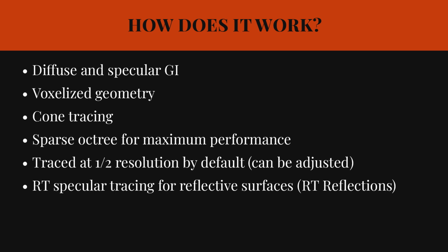But for sharp, high-fidelity reflections on glossy or mirror-like surfaces, the kind where accuracy really matters to the eye, we bring in dedicated ray-traced reflection tracing on top. So you get the performance and stability of voxel cone tracing for your GI backbone and the precision of RT reflections exactly where the human eye is most sensitive to error. It's not one technique pretending to do everything, it's the right tool applied to each part of the problem.